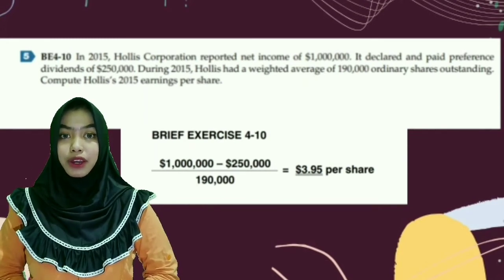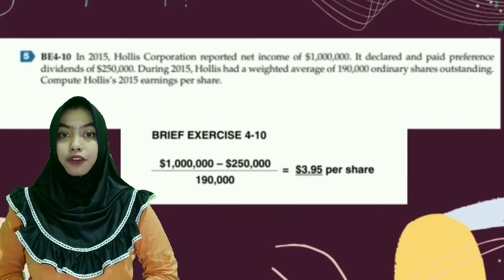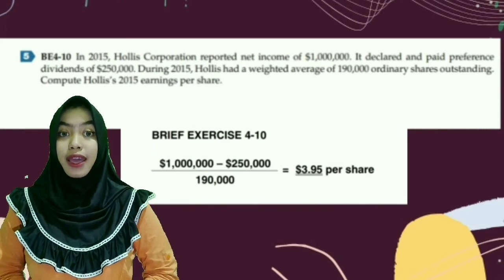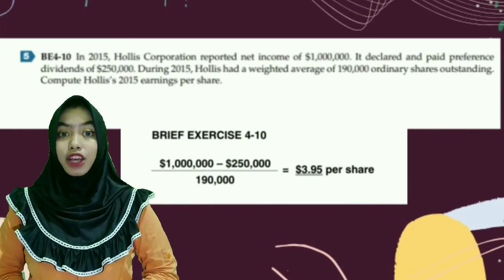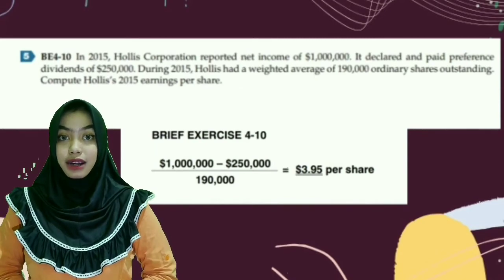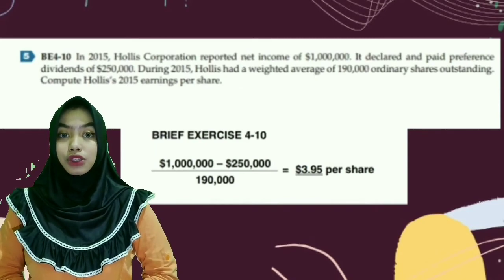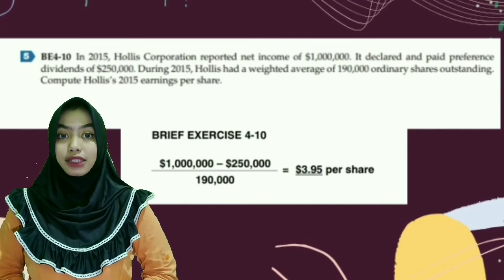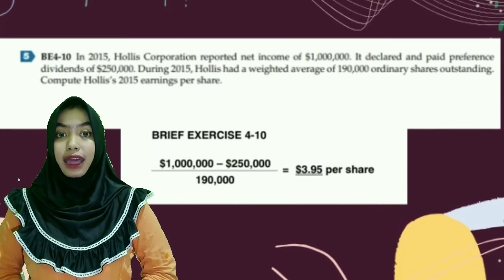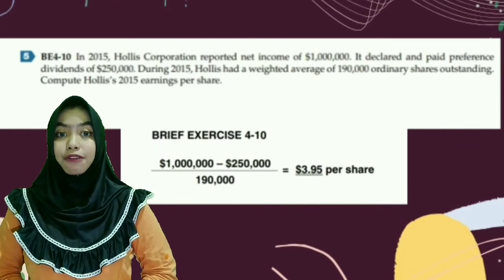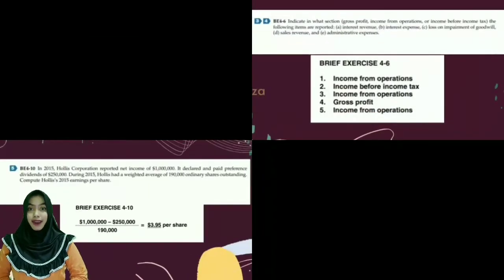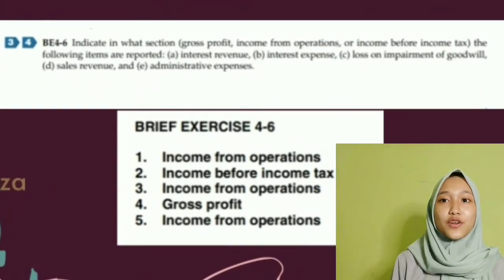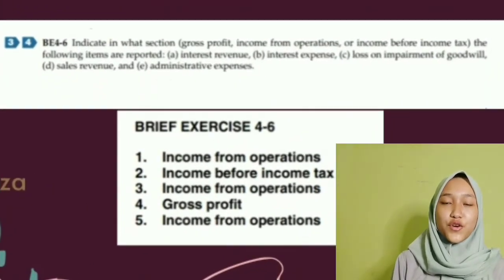A simple way we know that earnings per share of Compute Holdings in 2015 is net income subtracted by dividends, then the result is divided by the weighted average shares. $1 million minus $250,000 and then divided by $190,000, and the result is $3.95 per share.